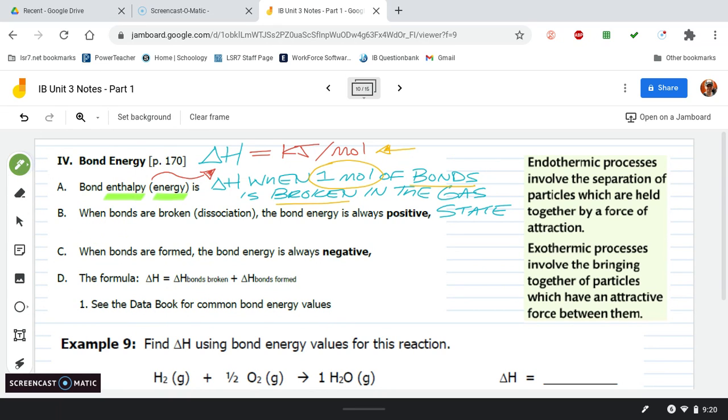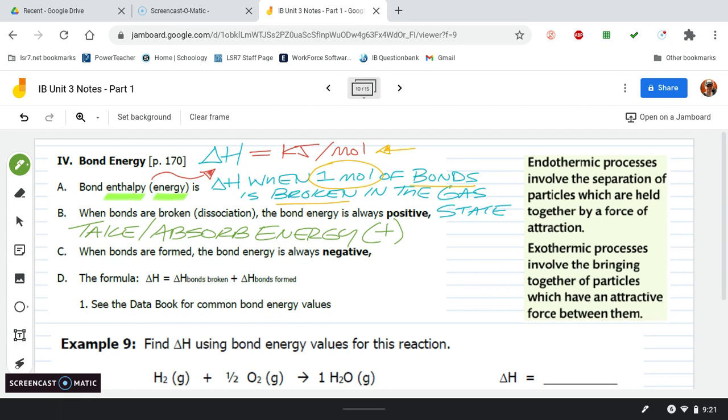If you're going to do that, that is going to take or absorb energy. Like you put it in, so you're putting energy in. And what that means is that when you're putting the energy in, that's going to be a positive delta H value.